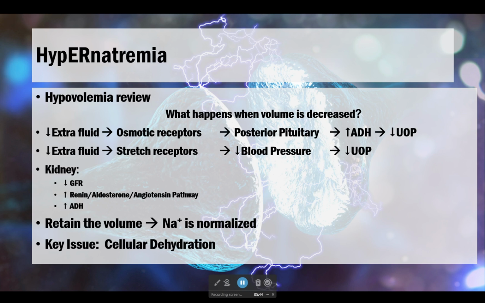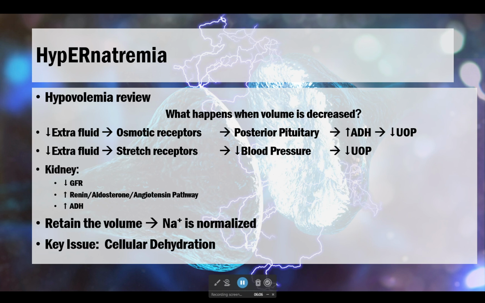When we have decreased fluid volume, then we're going to activate the renin-aldosterone-angiotensin pathway, which is going to produce vasoconstriction and sodium retention to then cause an increase in circulating fluid volume. If sodium is retained, water follows sodium.